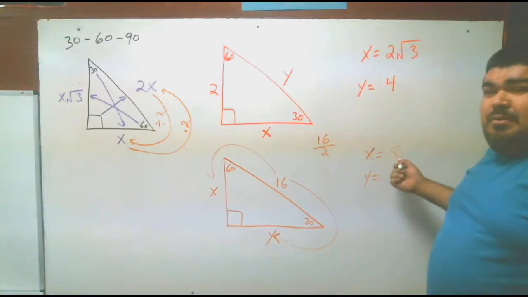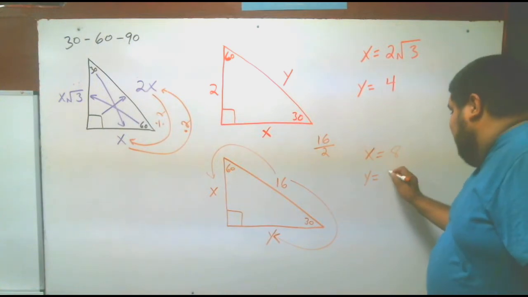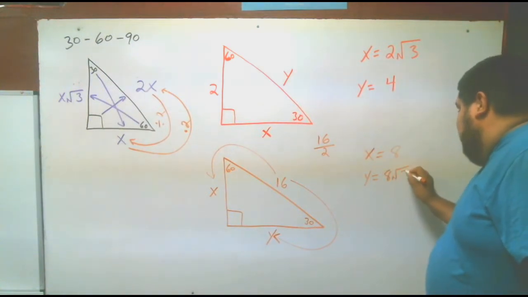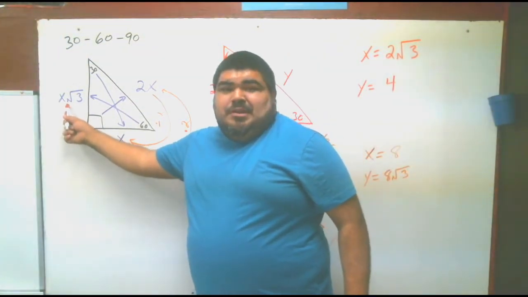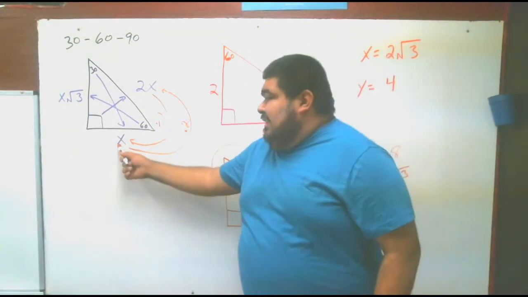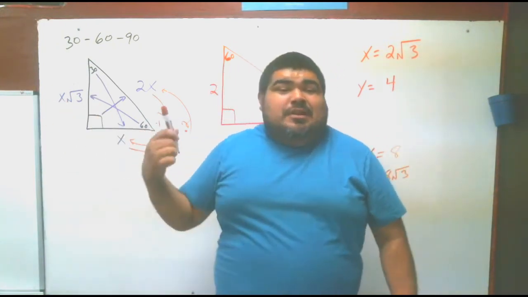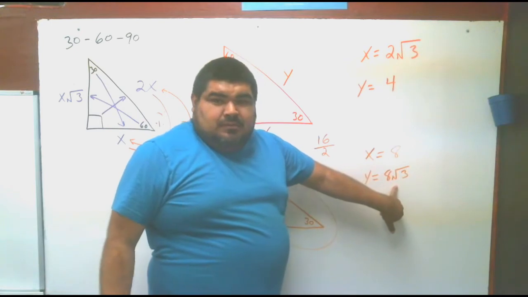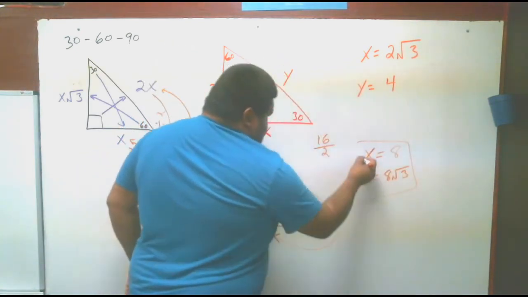Since we have a full number, 8, we know that y is 8 radical of 3, because remember, if you go from here to here, we multiply by radical of 3. Since we have 8 as x, 8 times radical of 3 is 8 radical of 3. And that's it.